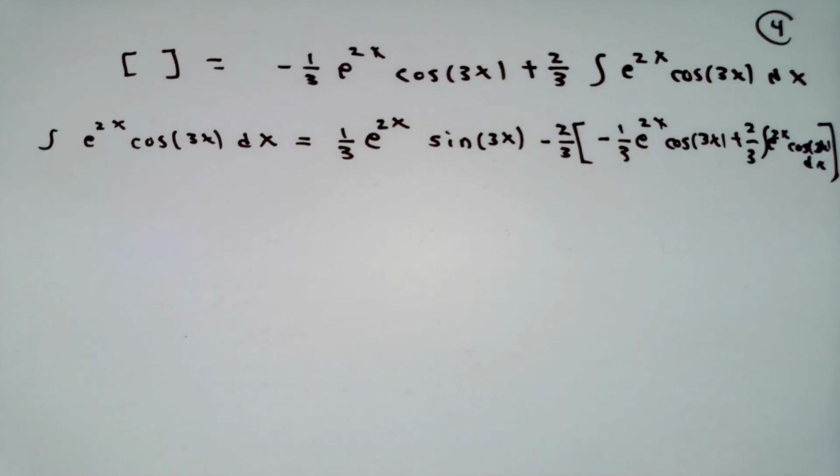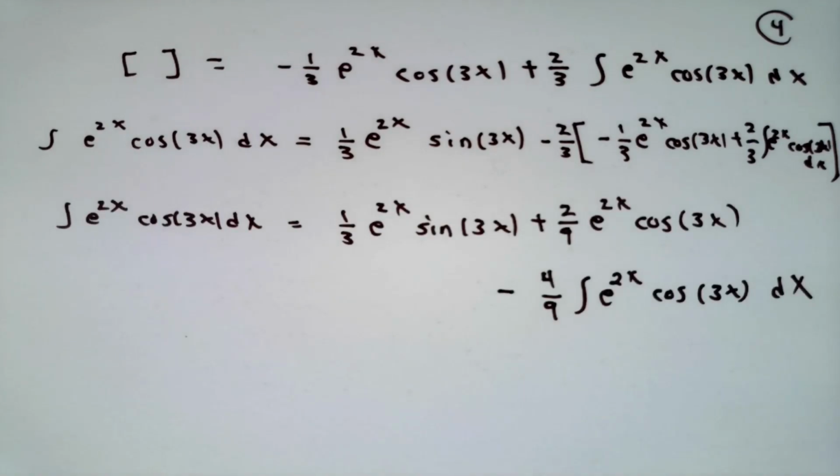After writing out all the distributive law and multiplications by 2/3, we see that if we add 4/9 times the integral that we're after, it'll all move over to the left-hand side. 1 plus 4/9 is 9/9 plus 4/9, which is 13/9.